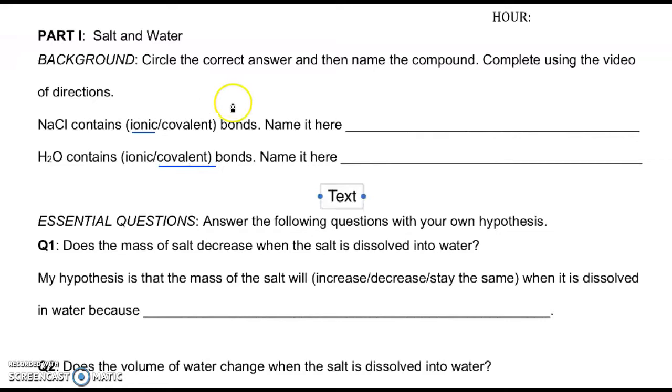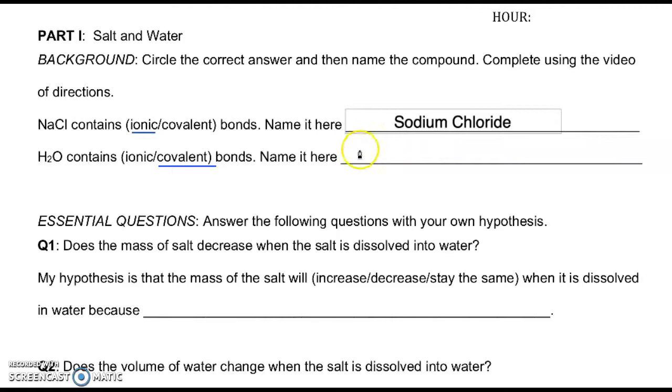Now, for naming it, when you have ionic compounds, and this is new, this is just a little pre-thing, you name the metal, so Na is sodium, and the nonmetal, which is chlorine, but you don't use an -ine, you use -ide, so it's sodium chloride.